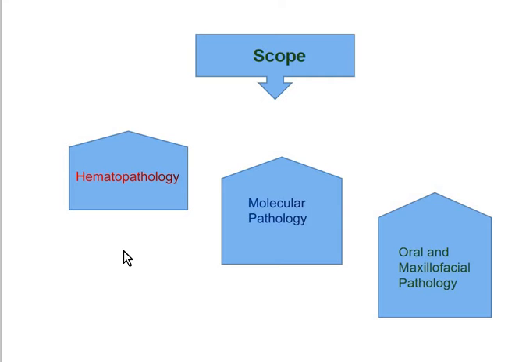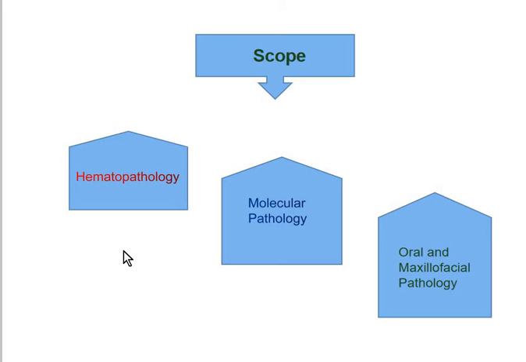The hematopathologist reviews biopsies of lymph nodes, bone marrows, and other tissues involved by an infiltrate of cells of the hematopoietic system. In addition, the hematopathologist may be in charge of flow cytometry and molecular hematopathology studies.